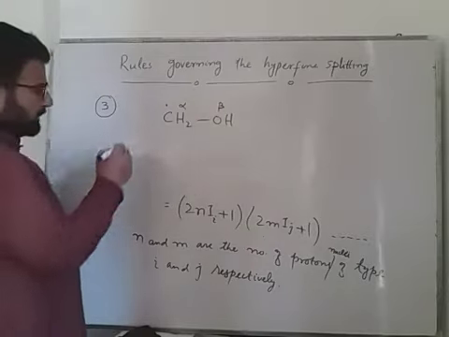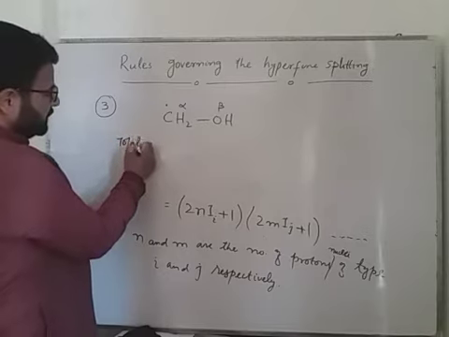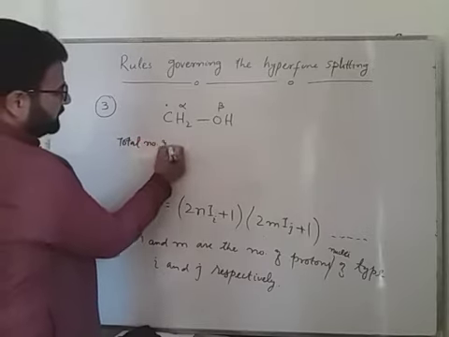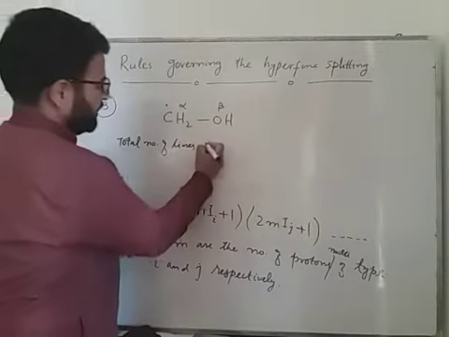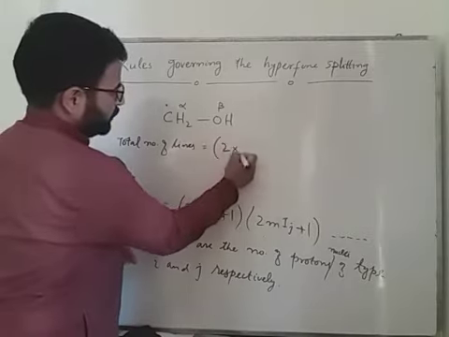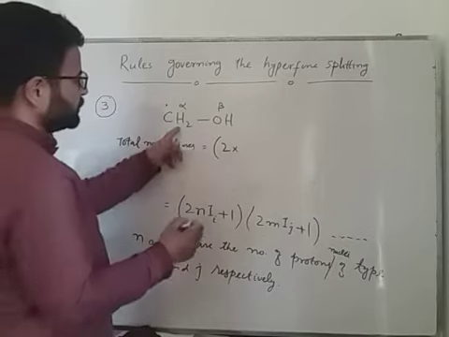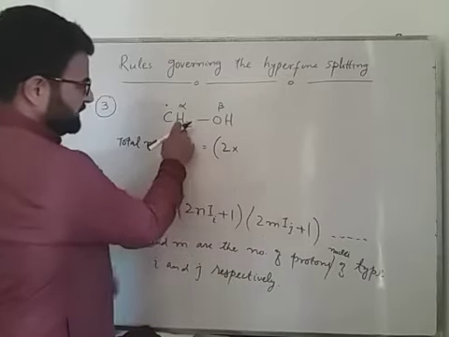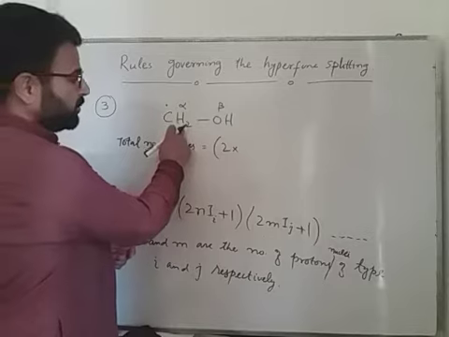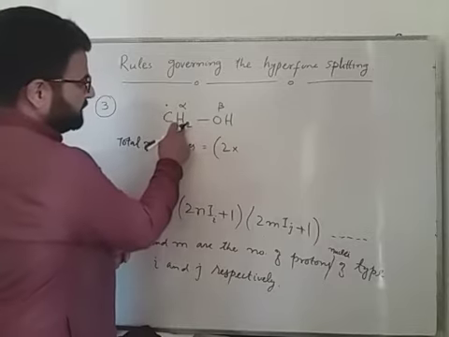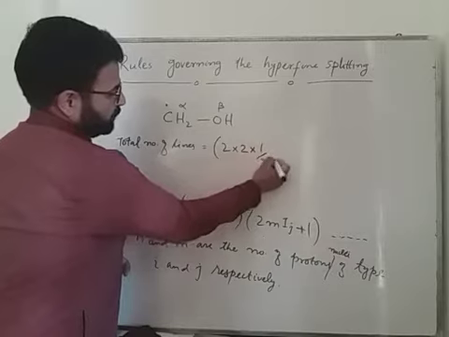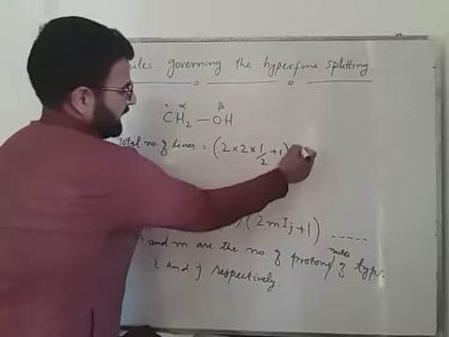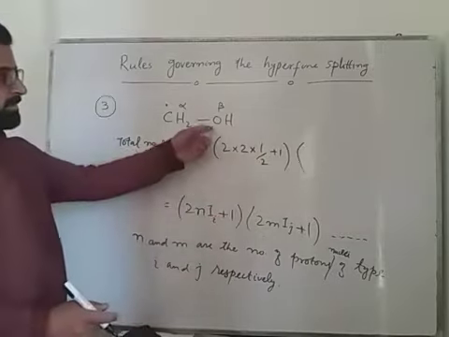So here the total number of lines obtained in the EPR spectrum of this molecule will be equal to 2 into N, where N is 2 for the alpha set, into I is 1 by 2, plus 1, and we have to take the product of the 2 kinds.